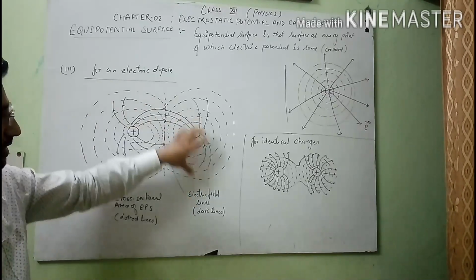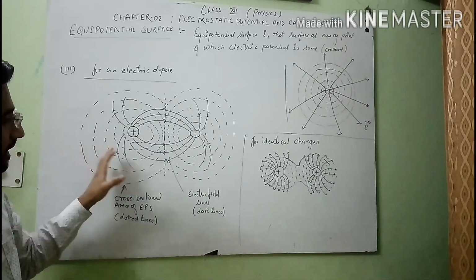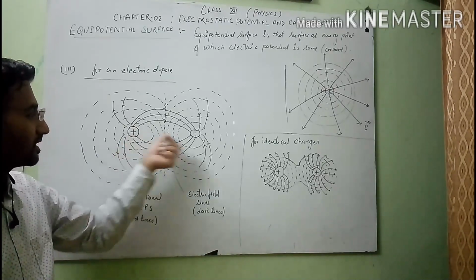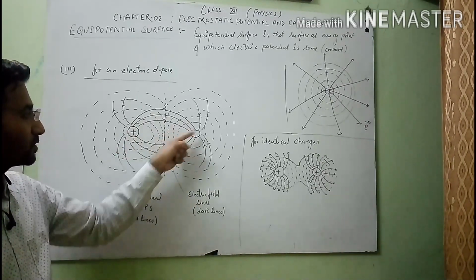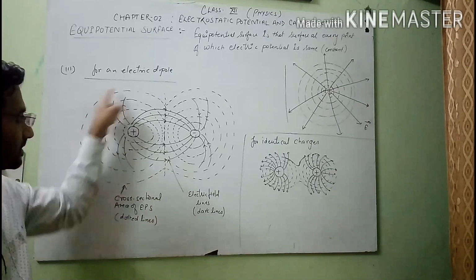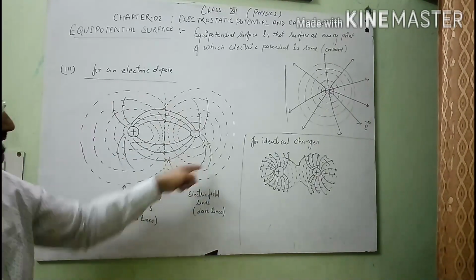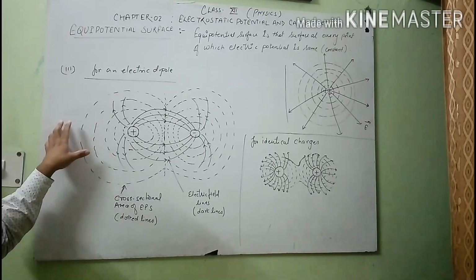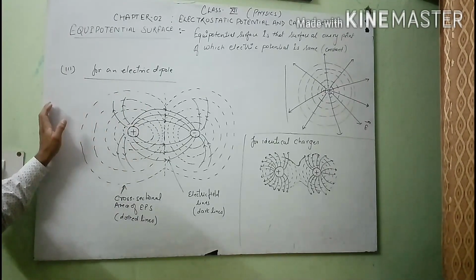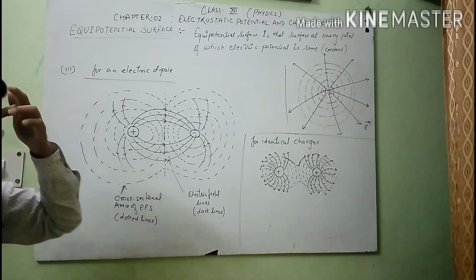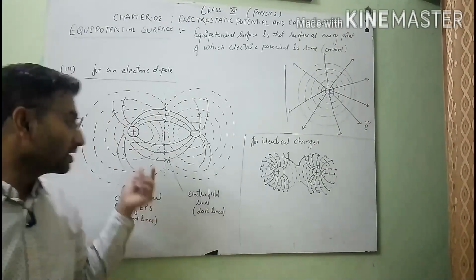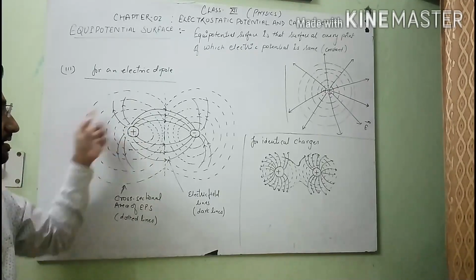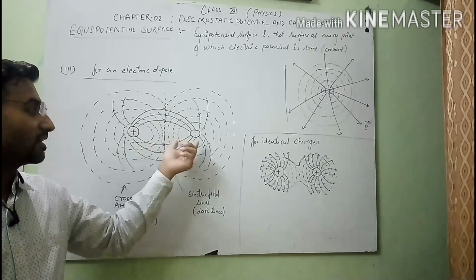This is the equipotential surface diagram for an electric dipole, in which this is the plus charge and this one is the minus charge. The dotted lines around the positive and negative charges represent the equipotential surfaces in the form of concentric circles. As we discussed earlier, V is constant, which implies r is constant. Individually these are single charges, so it is just like concentric circles, similarly here and here.